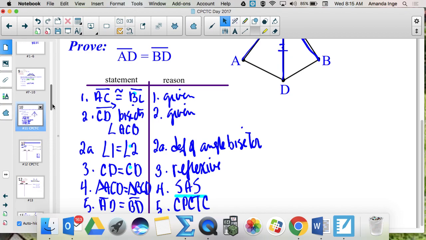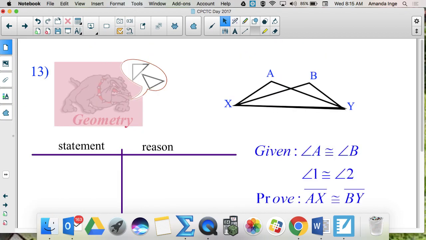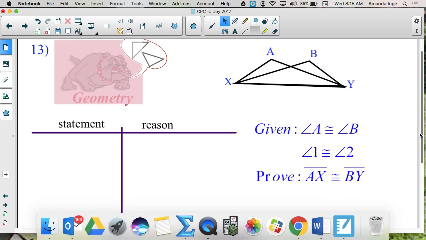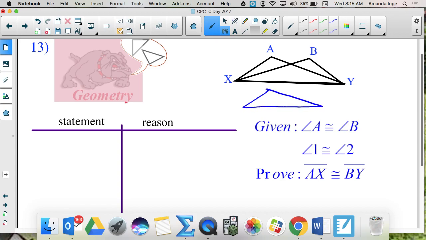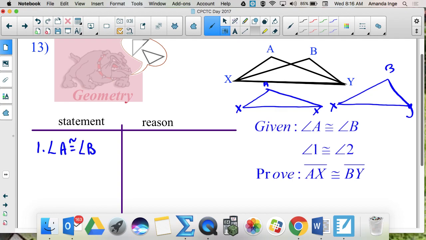So the next one that we have is number 13. Here's another picture that's stuck together. Like I said, sometimes it's easier to pull these apart. So you have A, X, Y, and you have X, B, Y. So the first thing you're given is that angle A is congruent to angle B. That is given.